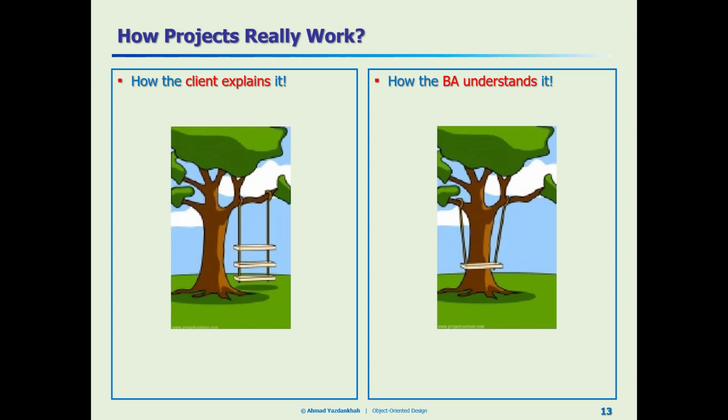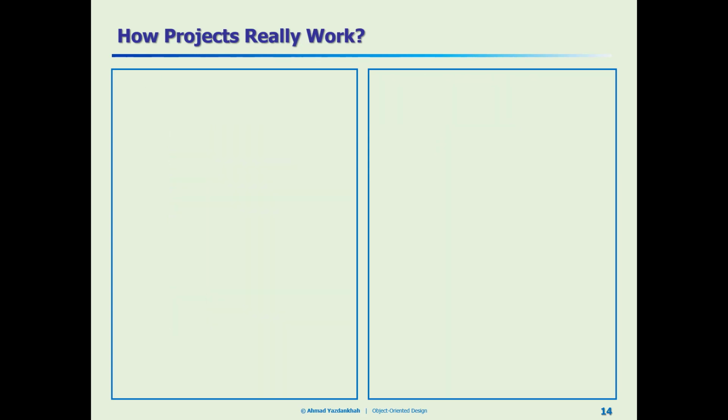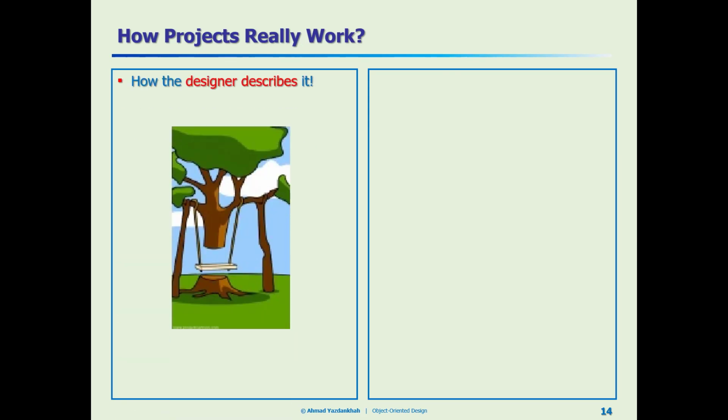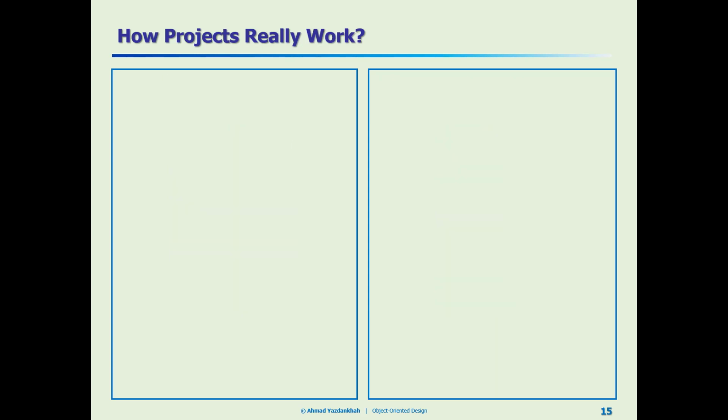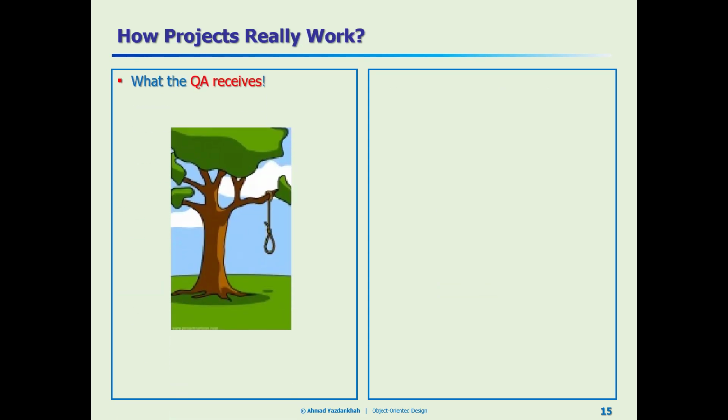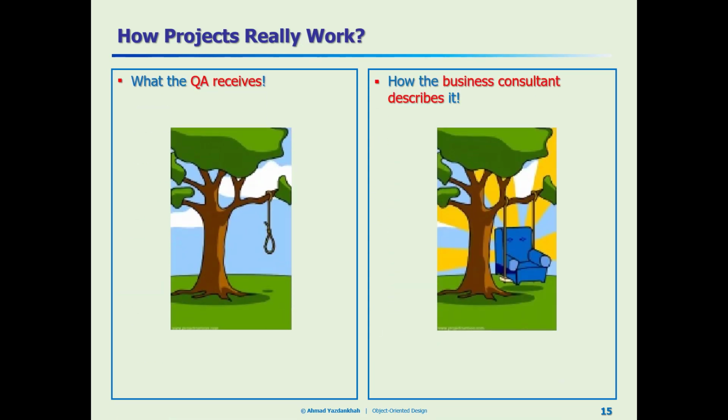I hope that it is not true, but with the exaggeration, yeah, totally different thing. This is whatever the designer designed, and what is the thing that the developer coded and developed. And this is whatever the QA receives. And this is whatever the business consultant describes.